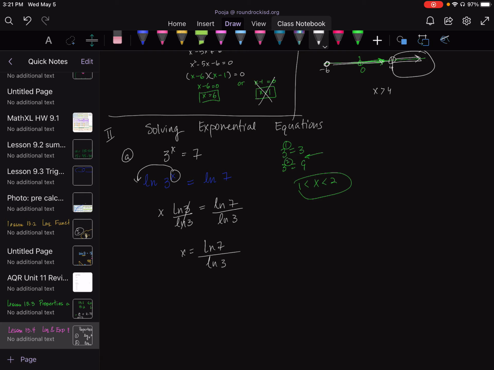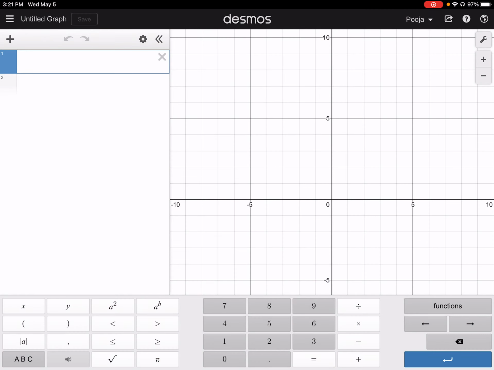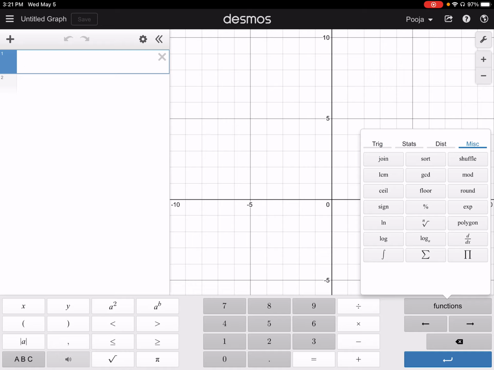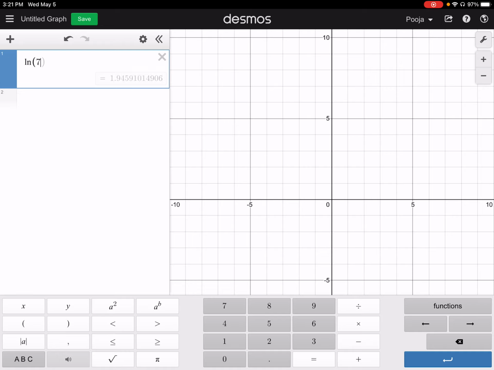Backwards, I said it backwards. Now that is something we can't do, so we'll need calculator. Natural log is under miscellaneous. 7 divided by the log 3. 1.77 and so on.